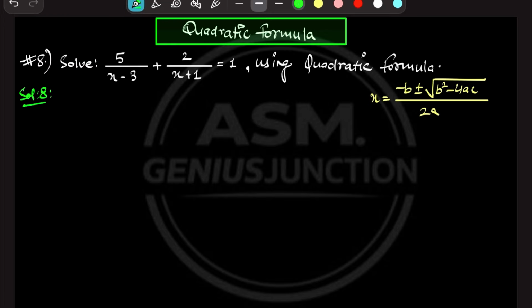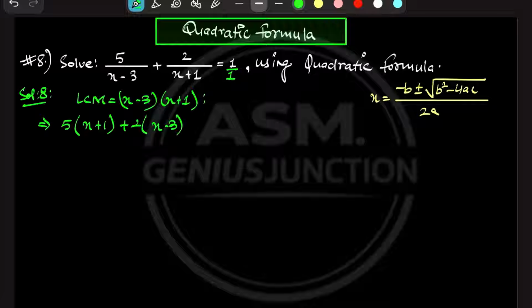I'm going to take the LCM of this complete equation. So the LCM is going to be x minus 3 and x plus 1. I will take the LCM of the complete expression. So in the next step, I will have 5 multiplied with x plus 1 plus 2 multiplied with x minus 3, and on the right hand side I'm going to have x minus 3 and x plus 1.